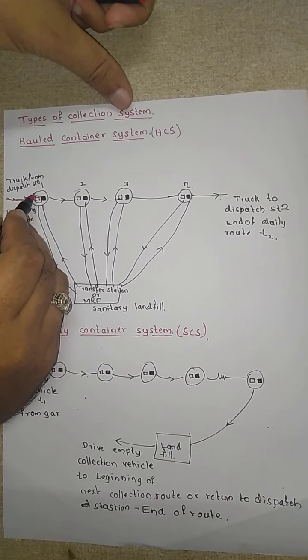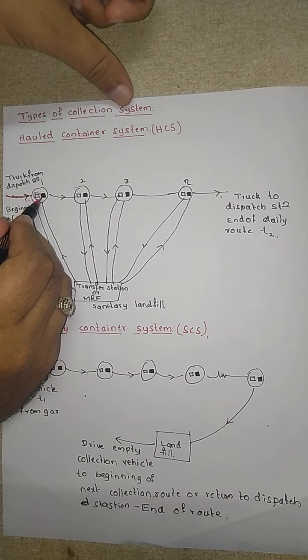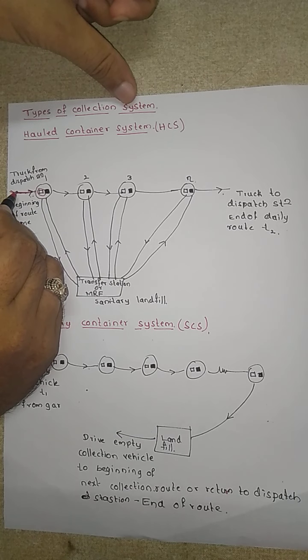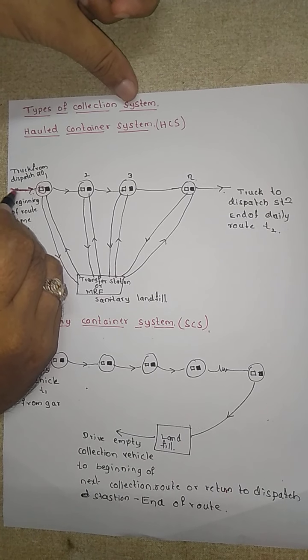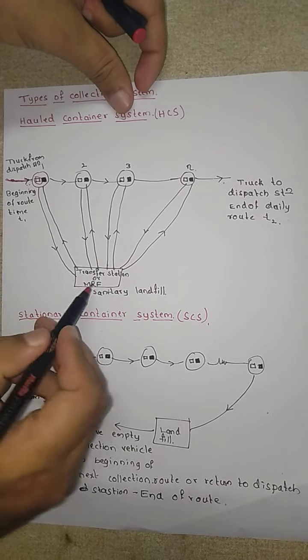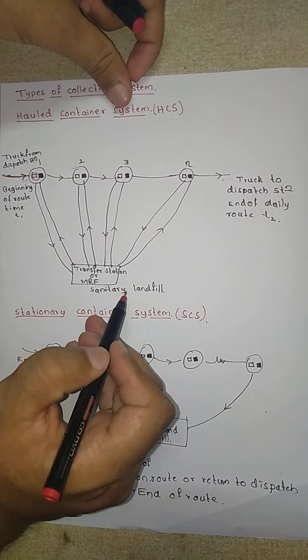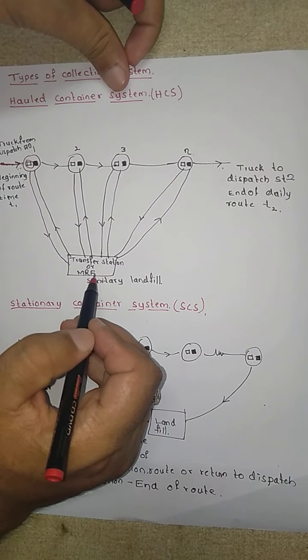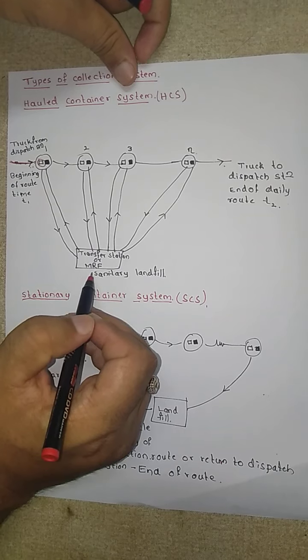Then this filled solid waste container is shifted to the larger truck. Now this truck goes to the disposal site, that is, either the transfer station or the material recovery facility. MRF stands for material recovery facility.